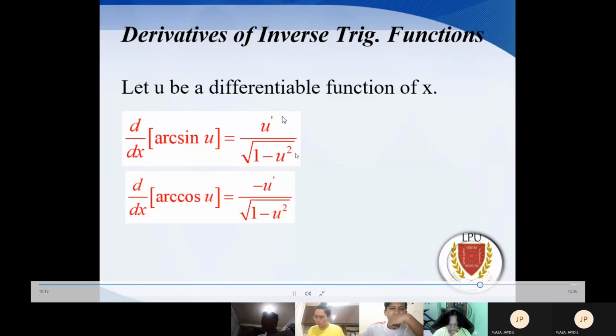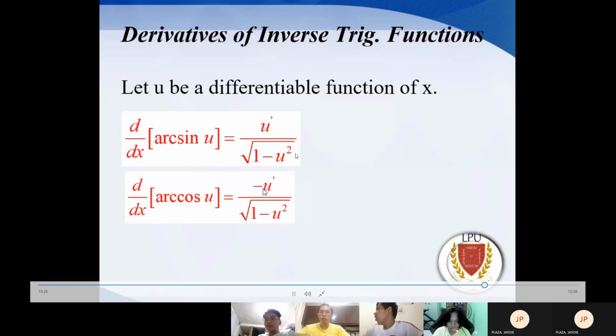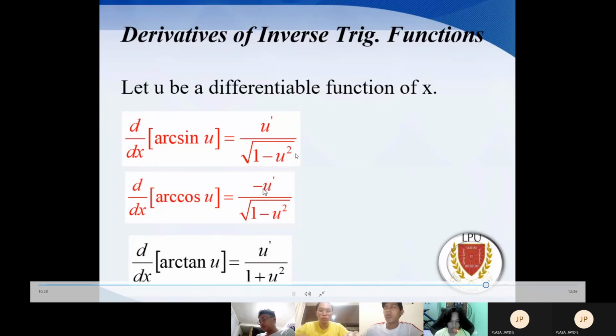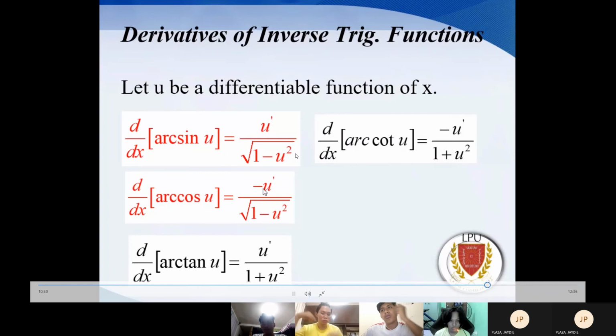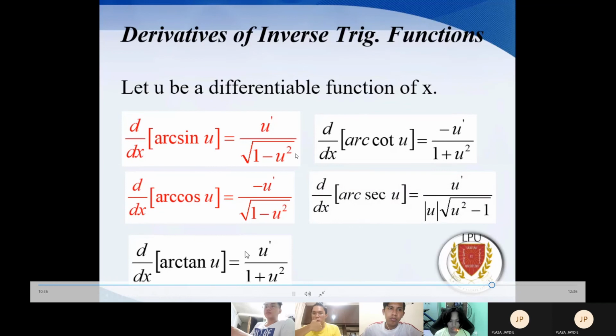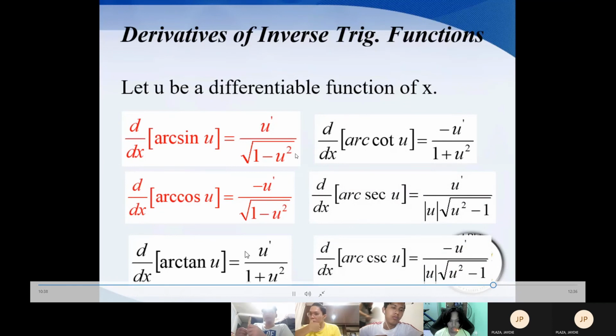For arc cosine, that is actually similar to sine, except that you have a negative in front of your equation. And for the arctan, you have your 1 plus u squared. For the arc cotangent, you have a negative here compared to tangent. And for secant and for cosecant, it would be this formula.